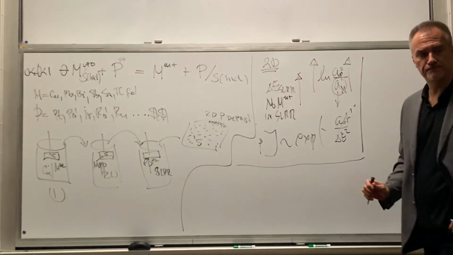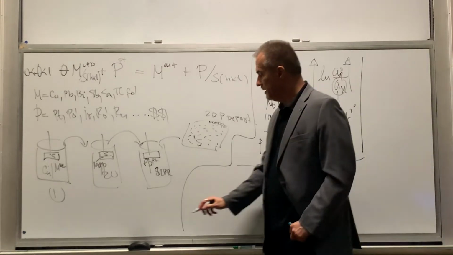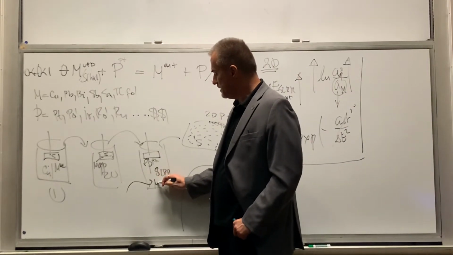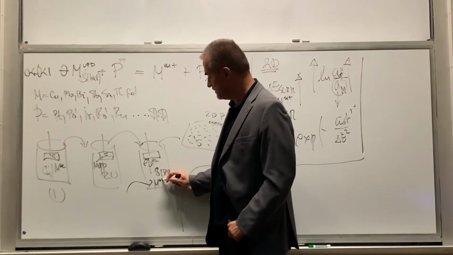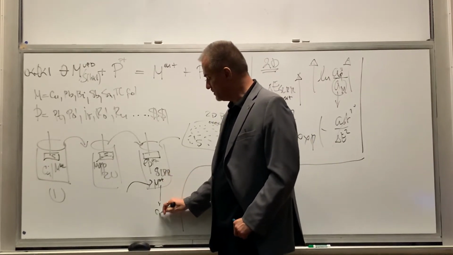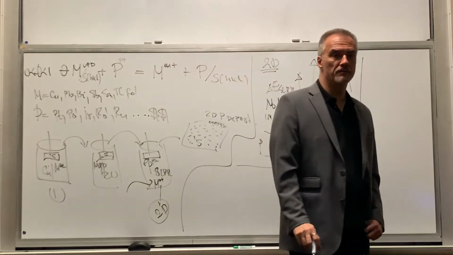Well, it turns out, even if I add some M^n+ ions here, I still get a 2D deposit.